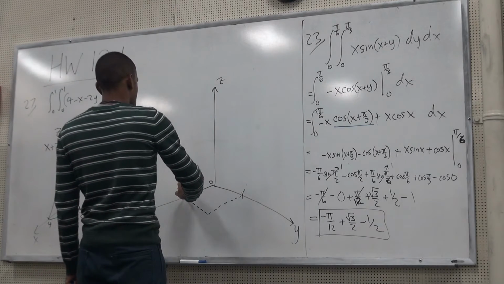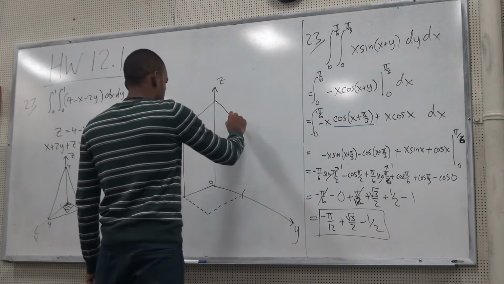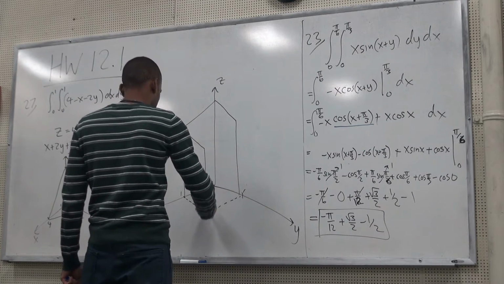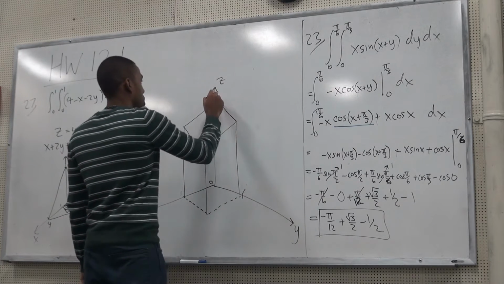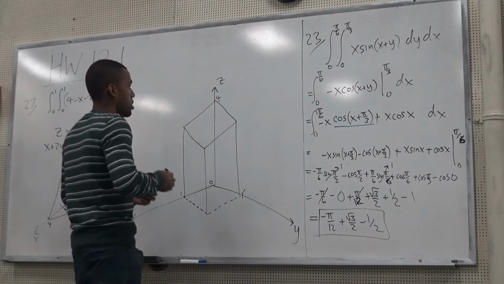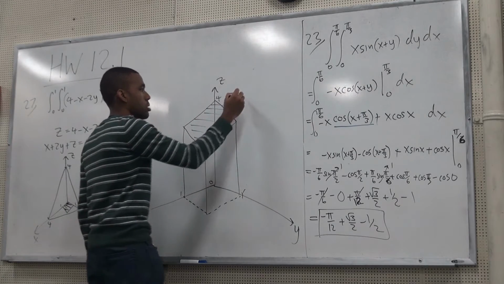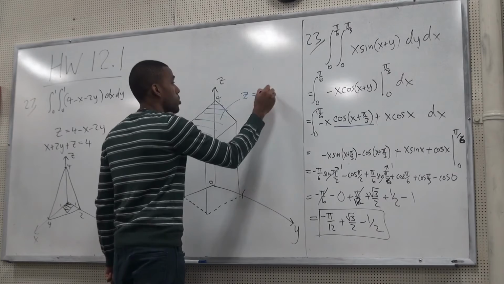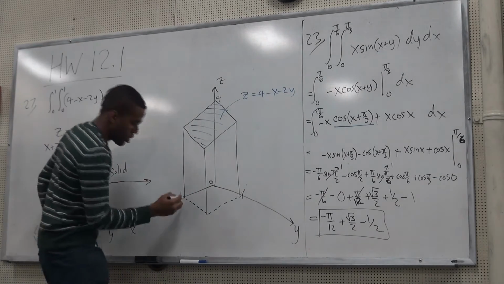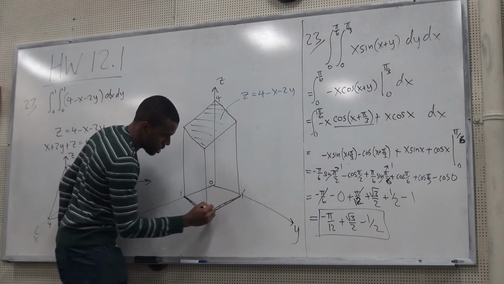So it's going to end up looking like this, where this is going to cut at 4. And this surface here is actually the plane z is equal to 4 minus x minus 2y. So that integral, if we compute it, we're actually finding the volume of this solid here.